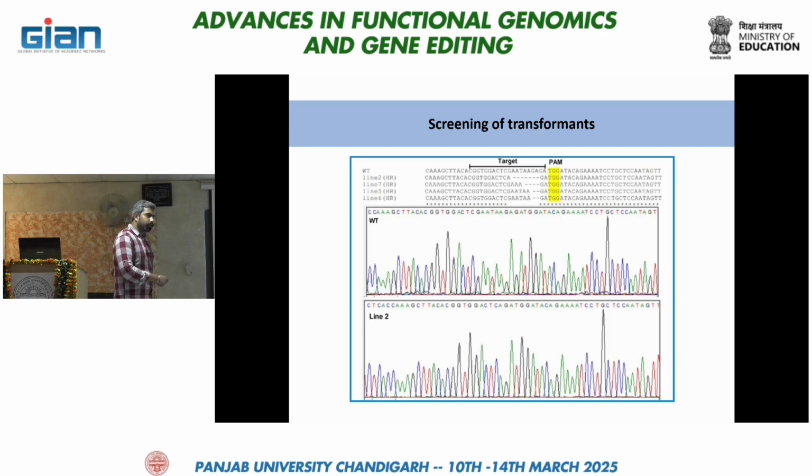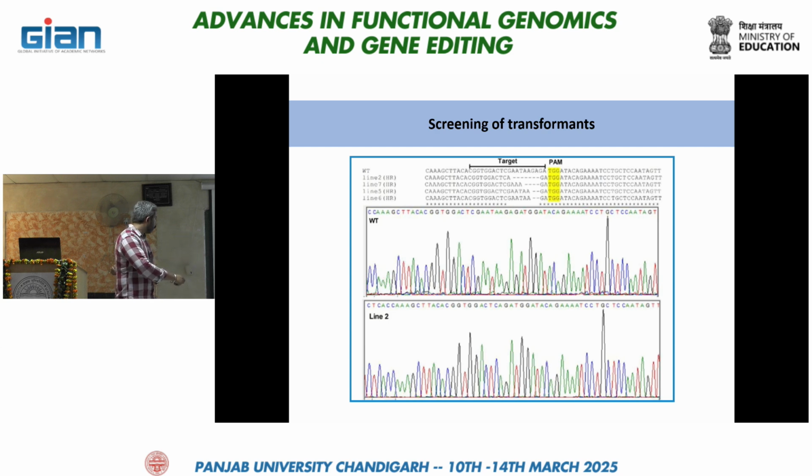In the earlier lectures, Kashmir sir has also told you about these peaks that you get after sequencing, and if anybody remembers what he told about how the peak should be, it should be crisp, it should be sharp basically, it should not be a blunt or a broader peak.